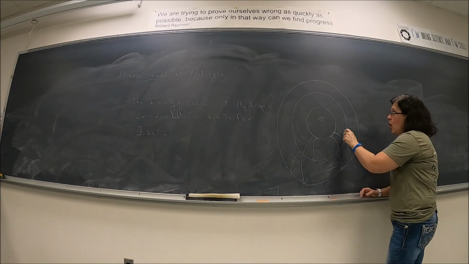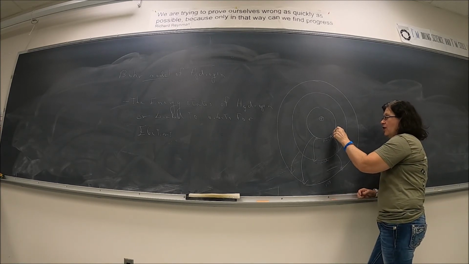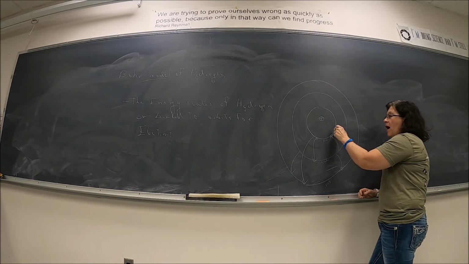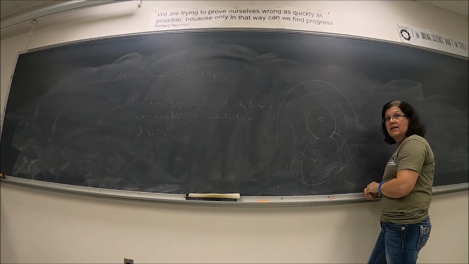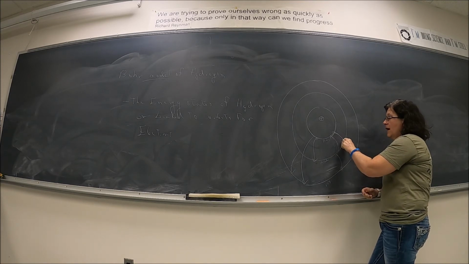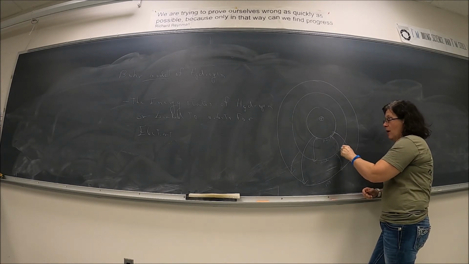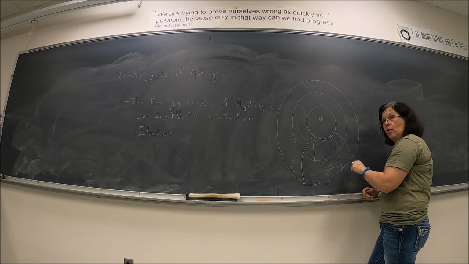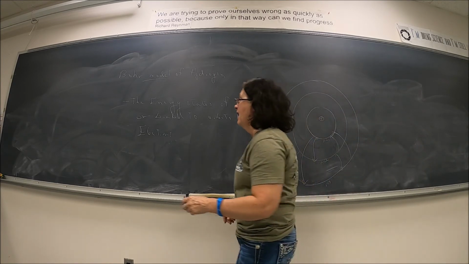So the lowest energy state for the hydrogen atom, he called stationary state. If the electron had jumped out into a larger orbit, he called it an excited state.